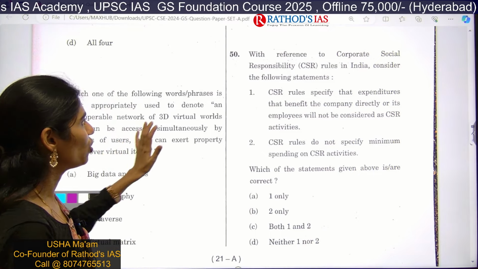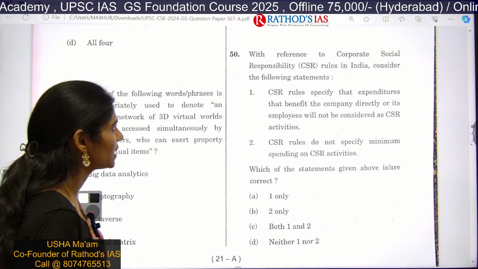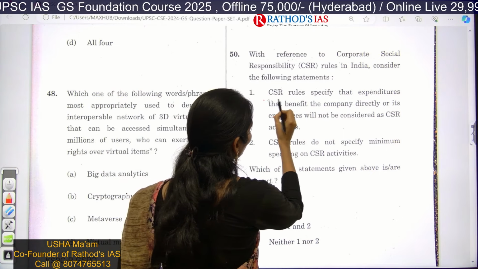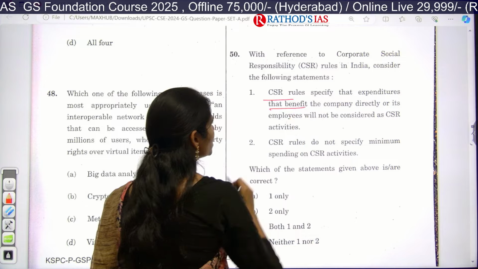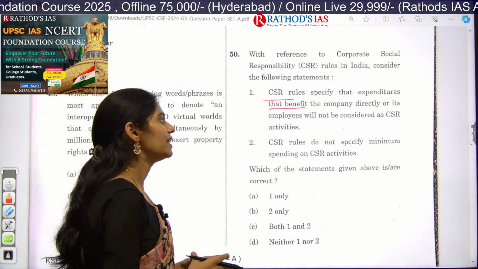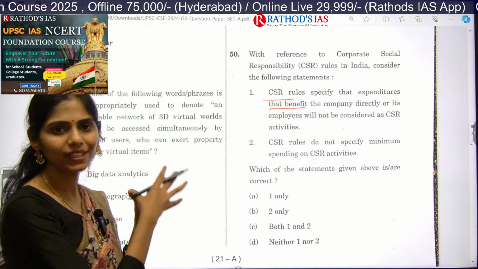With reference to corporate social responsibility rules in India, consider the following statements. First one: CSR rules specify that expenditures that benefit the company directly or its employees will not be considered as corporate social responsibility activities.